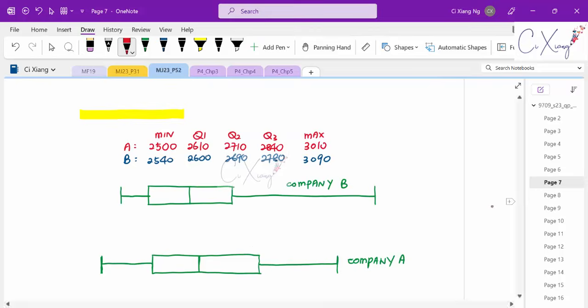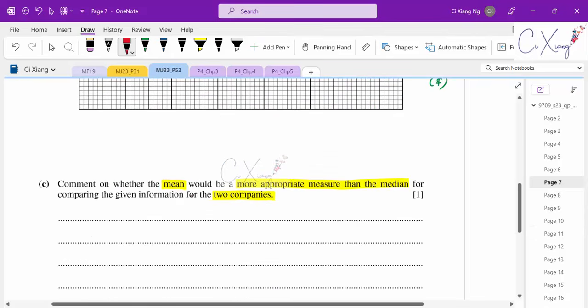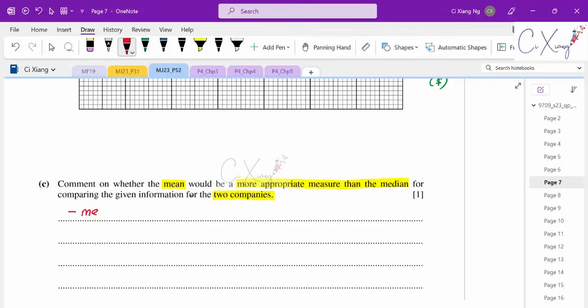Okay, so for this question, they are asking us to explain. So since we are having the extreme value, therefore the answer is very obvious: the mean is not a more appropriate measure than the median.